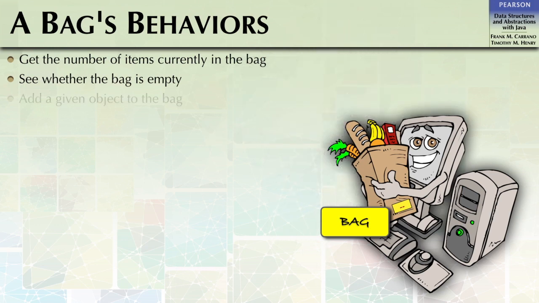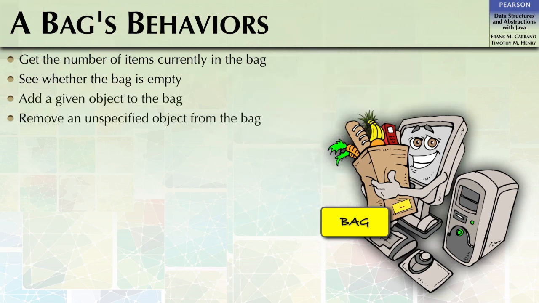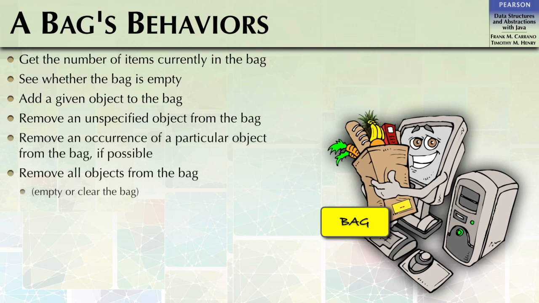We need to be able to add a given item to the bag, remove an unspecified object from the bag. We need to remove an occurrence of a particular object from the bag if possible, and we need to be able to remove all objects from the bag, such as when we want to empty or clear the bag.